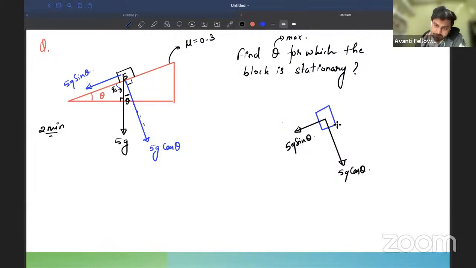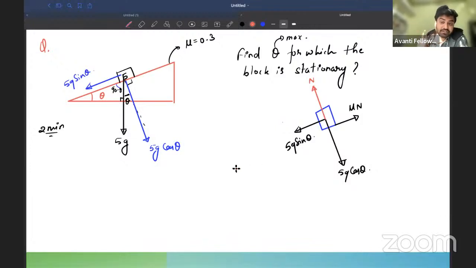And what else will be acting? Frictional force, which will be backwards, right? mu into n. And normal force will also be there, right? So all these forces are acting on this block, right?